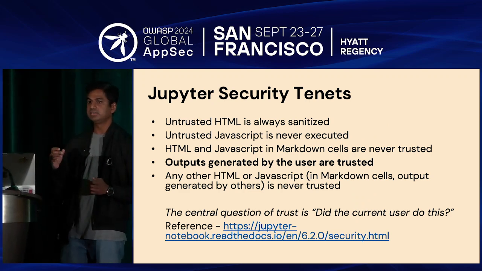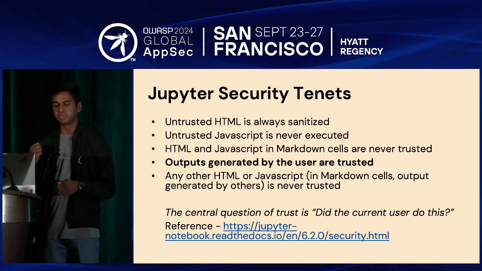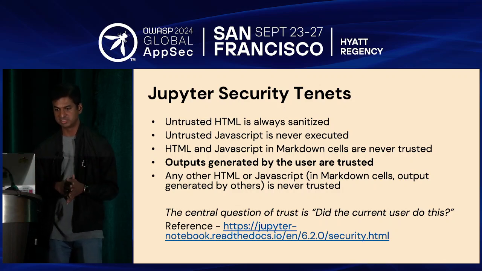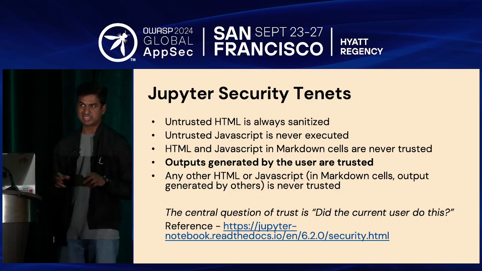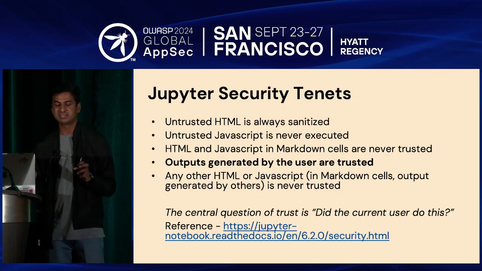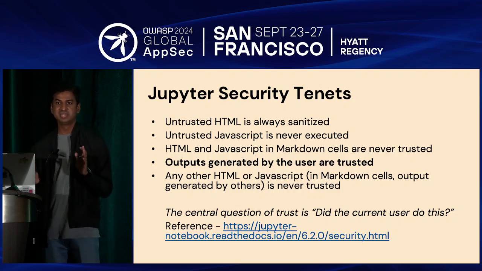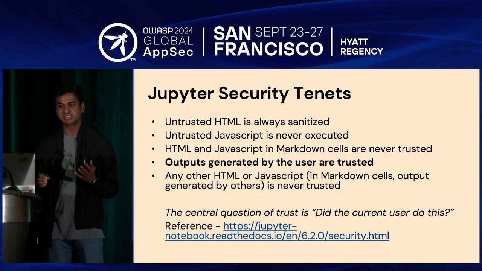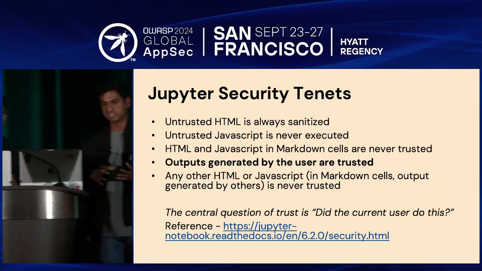If you look at it, it's Python code execution. And the developers of Jupyter had considered the risks associated with it and came up with a fairly good mental model while designing the security controls. The essential thing to think about is, did the user initiate an action that resulted in code being executed?